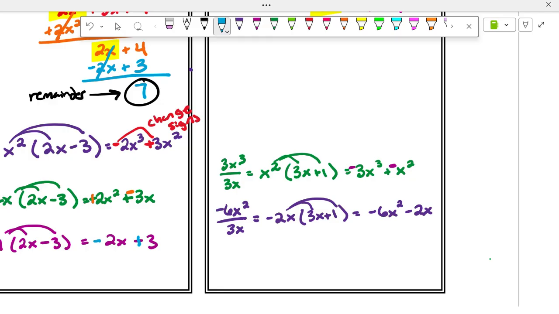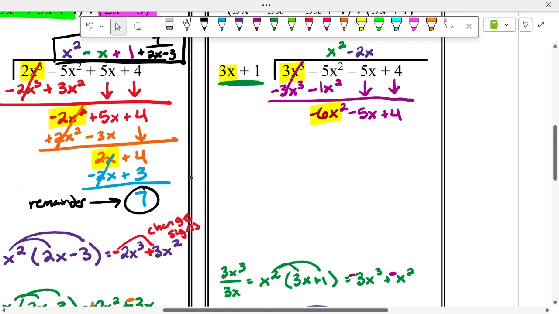Before I subtracted it, what did I do? Change the signs. Good. So I'm going to make both of them positives. This is plus 6x squared plus 2x.